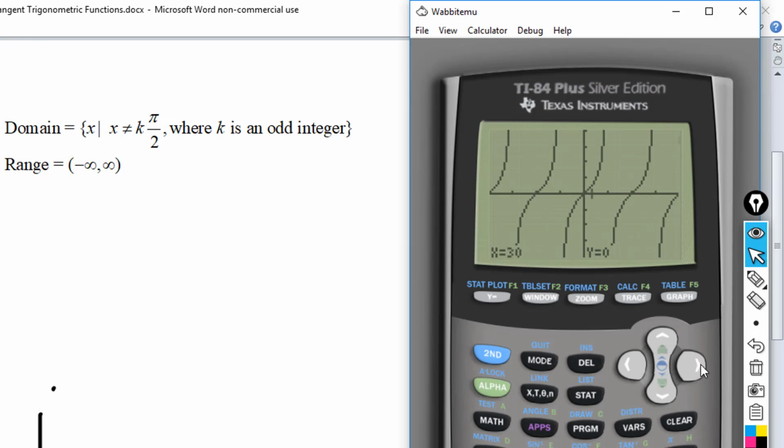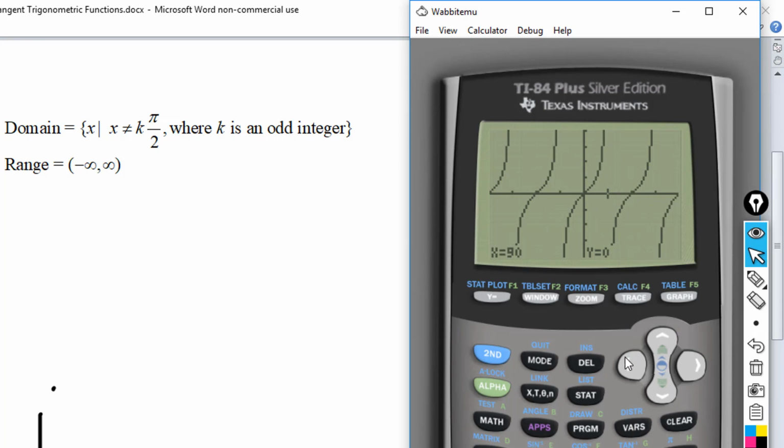So if I keep going here, at 90 degrees, or that would be pi over 2 on the graph that I have, you have a vertical asymptote. The calculator doesn't show it, but right here is a vertical asymptote. One over here also, but we're looking at this one here.